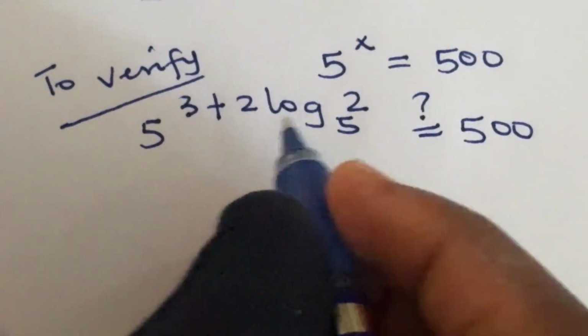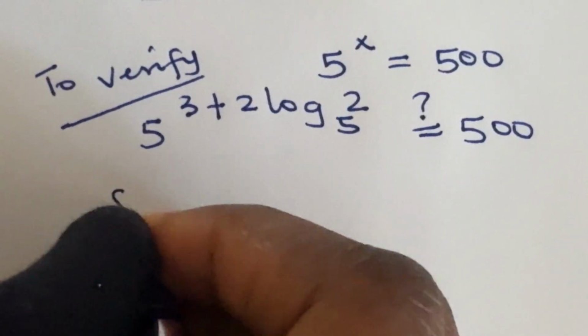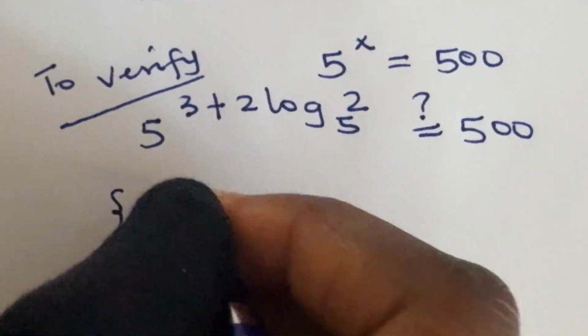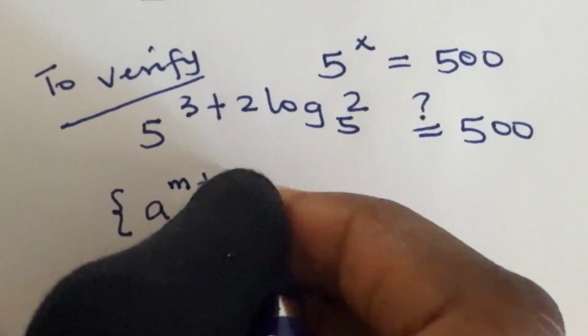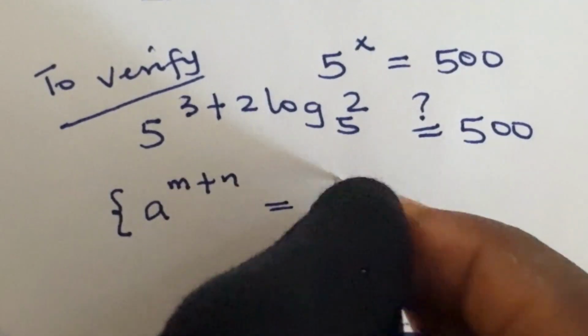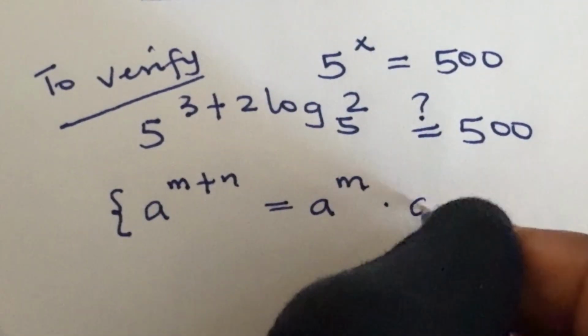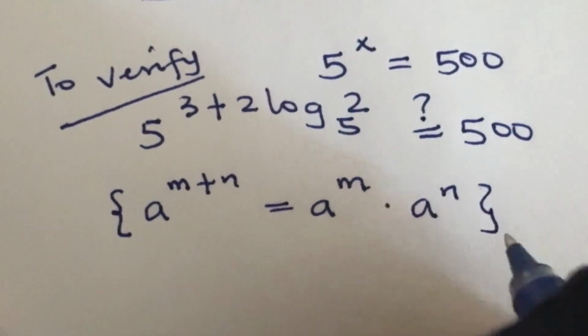By law of indices, I can separate this power. Remember that a raised to power m plus n is equal to a raised to power m times a raised to power n.